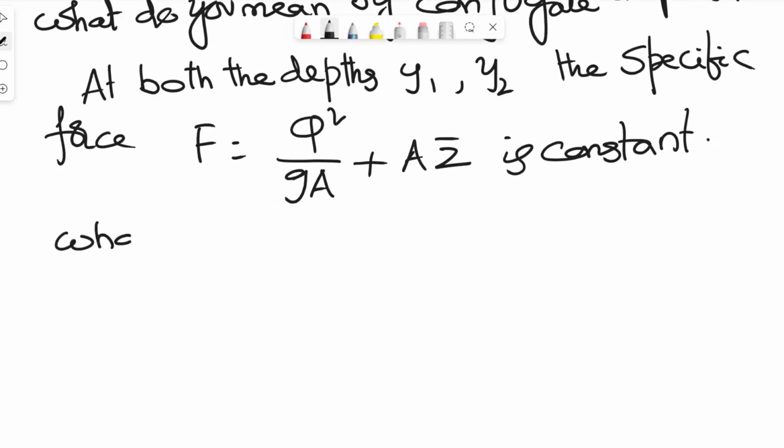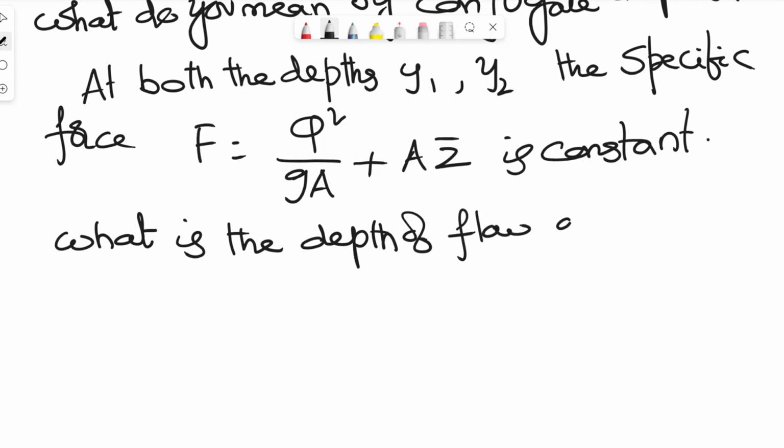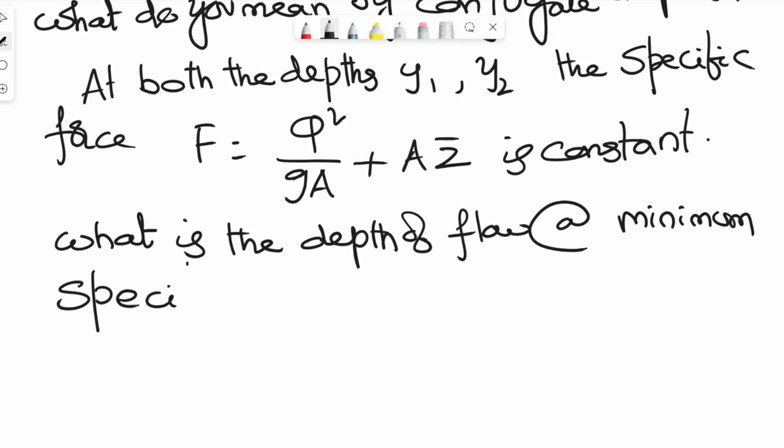What is the depth of flow at minimum specific force? Critical depth.